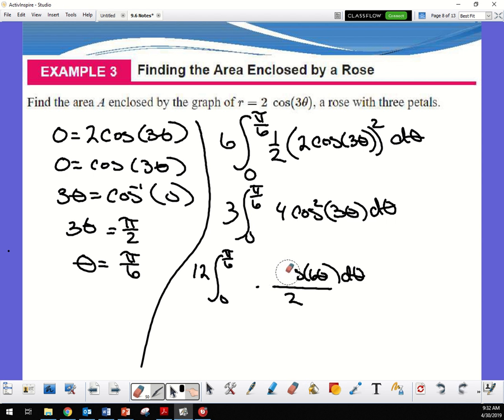So it's 1 plus cosine 6 theta, over 2, d theta. You could have changed it into a sine also. Oh, you pulled out the 4. That's why. Yeah, the 4 came out.